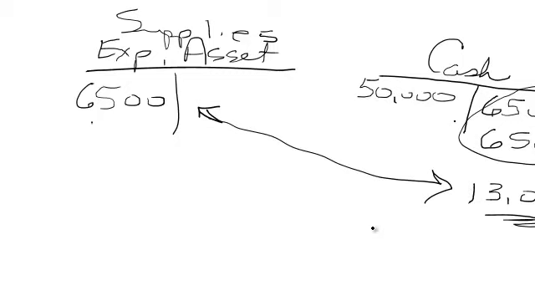So the balance in our account after the $13,000 is $37,000. So because we took out too much money out of our normal debit balance account, cash is going to be understated by the $6,500. Kind of hoping that's making sense to everybody.